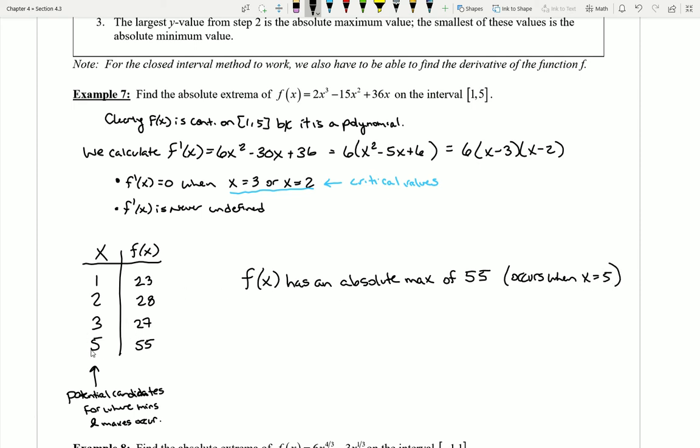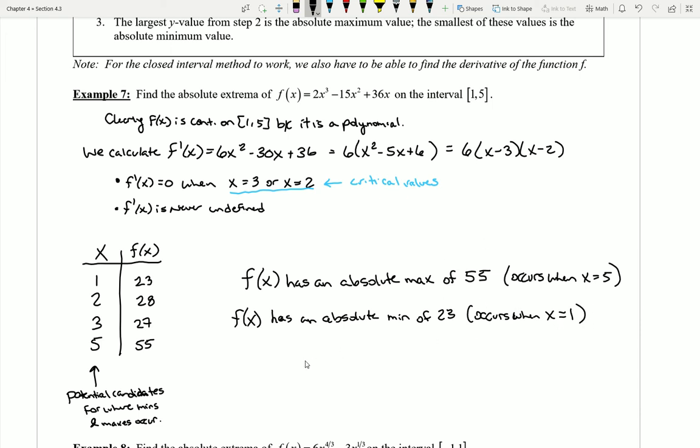So it occurs at my endpoint. I can also see that f of x has an absolute min of 23. Remember, absolute maxes and mins are y values, but it's got an absolute min of 23, and I can see that that occurs when x is equal to 1.